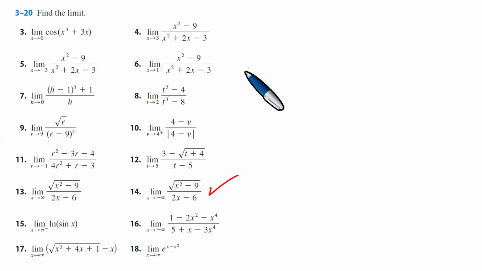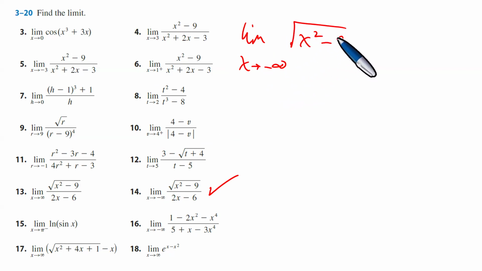I'm just giving you number 14 because there's infinity in it, and of late you're giving lots of answers with infinity. So we have the limit as x approaches minus infinity of the square root of x squared minus 9, over 2x minus 6.